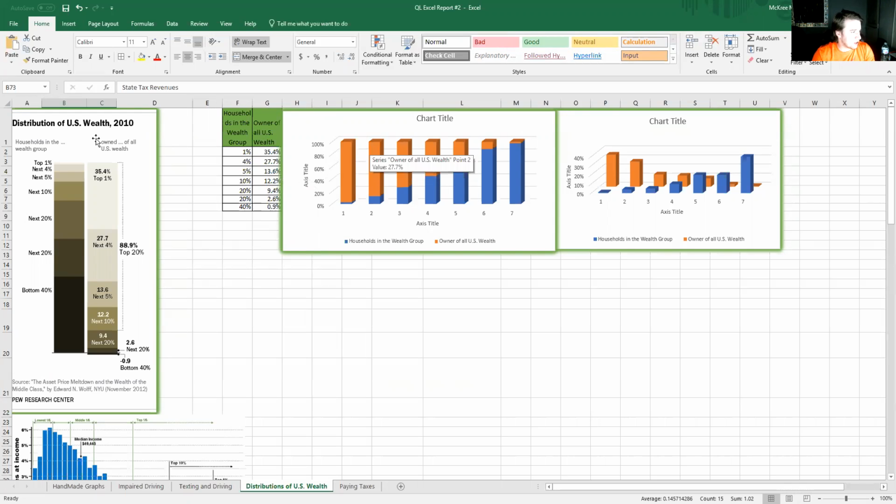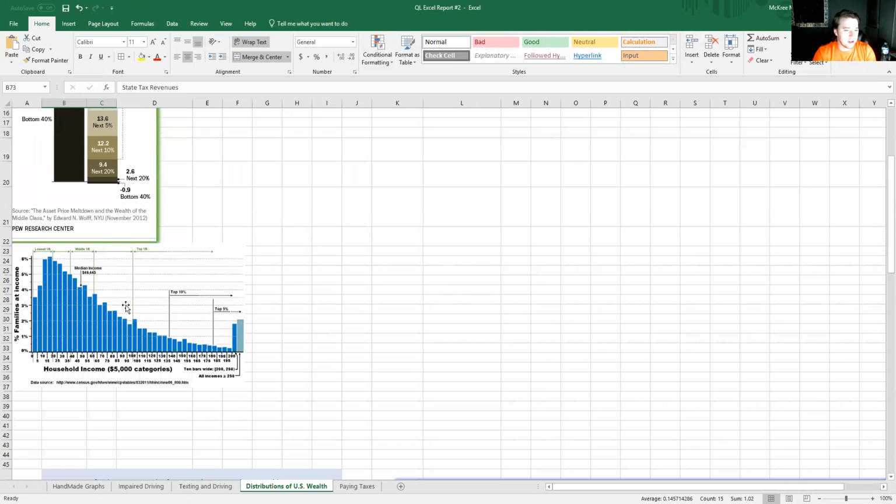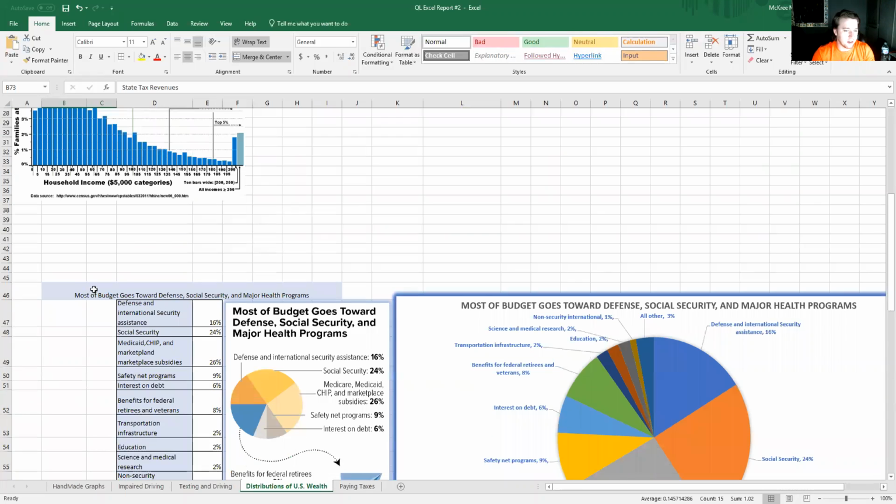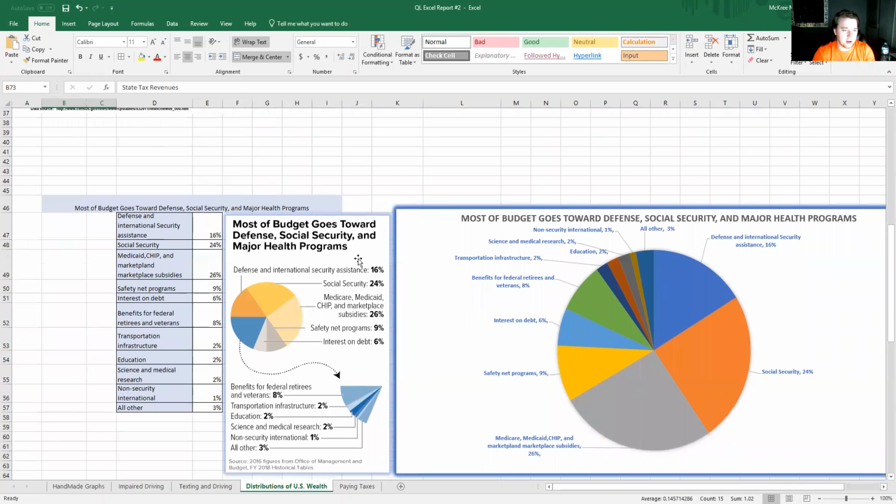Down here, you show the average median income. It also shows where most of our budget goes. Most of the budget goes towards defense, Social Security, and major health problems.